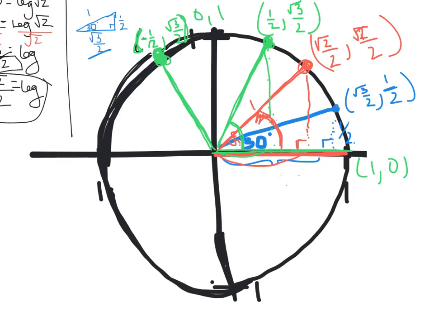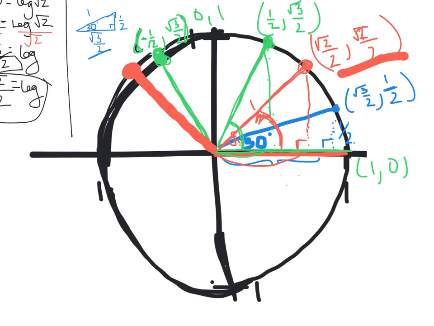Then, to find the value, so if this is a 135-degree angle, and it's 135 degrees because it is the full 90 degrees plus another 45, then for 135 degrees, we are going to again reflect these values over here, but keep in mind the negatives.